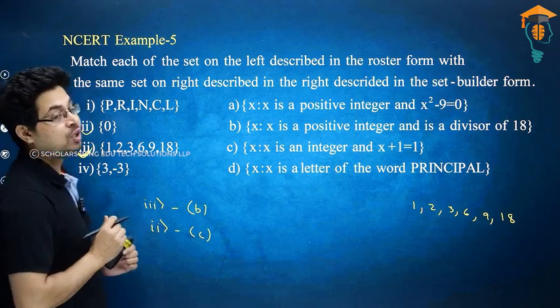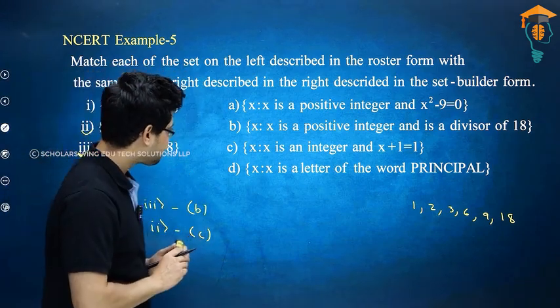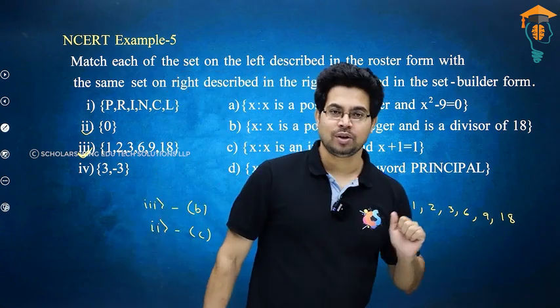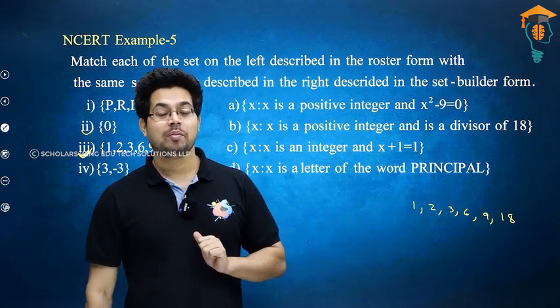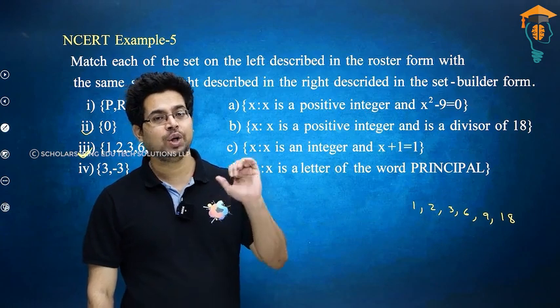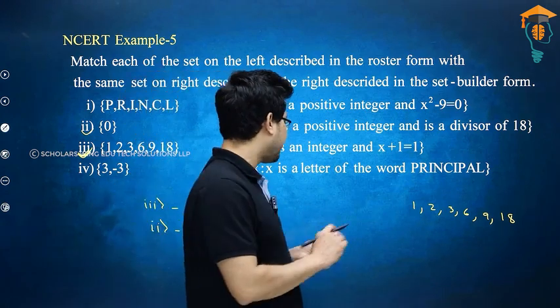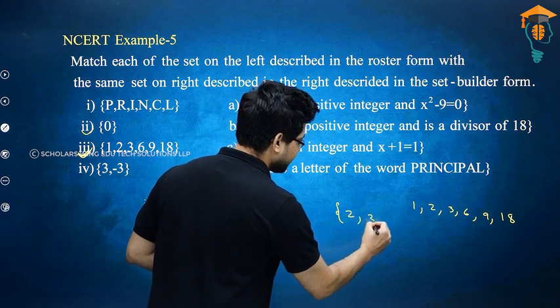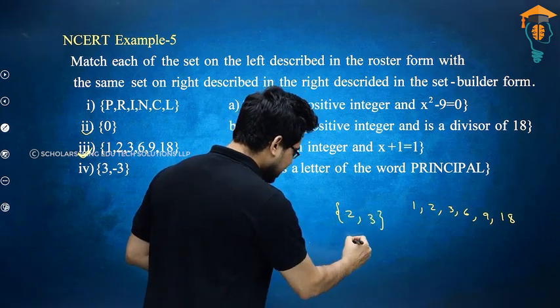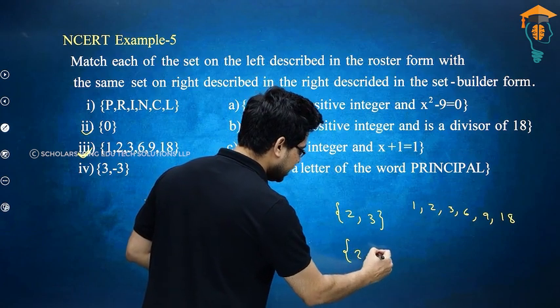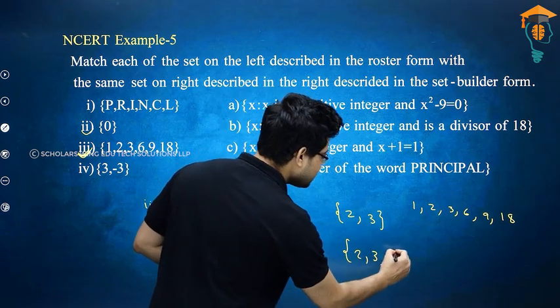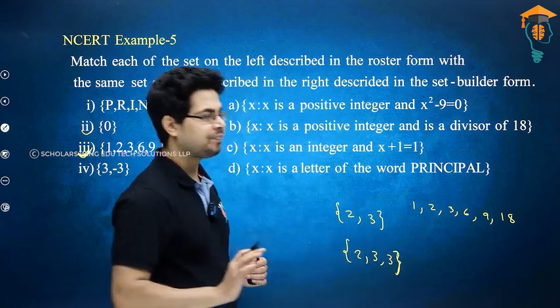Now let's see what set do we have in option D. X is a letter of the word principal. All right. Now always remember, if I have a set containing 2 elements, for example, let me give you one example. I have one set containing 2 elements, 2, 3. And let's say I have another set containing these many elements. Students, what can you say about these two sets?